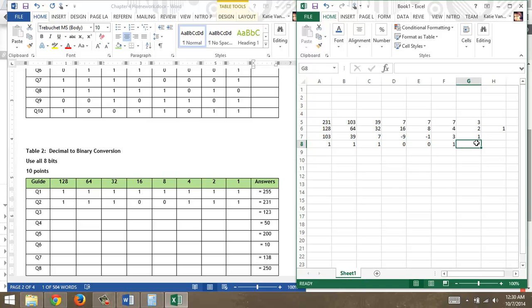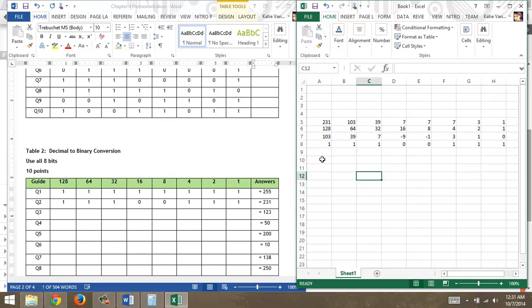And am I negative? No, so that becomes a 1. And then I have 1 left. Can I do 1 minus 1 without going negative? I can. It's 0, but 0 is not a negative number, so that becomes a 1 as well.